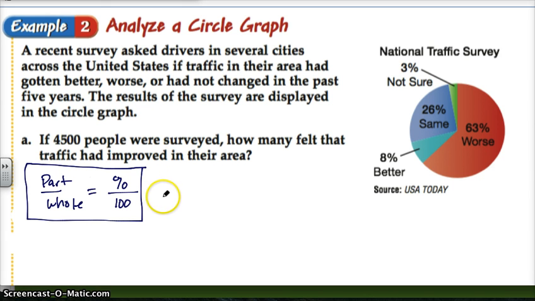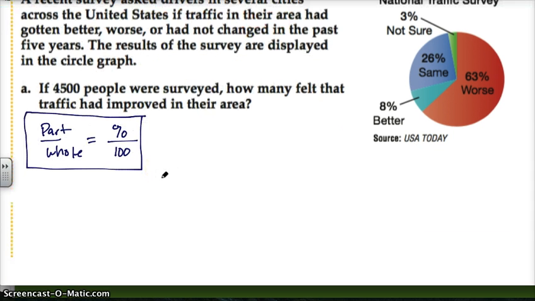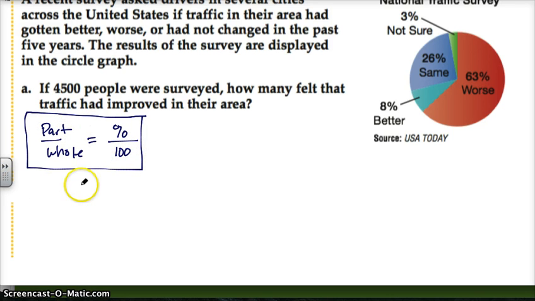Another way is to say, and it really does come out of this whole thing here. And when you solve this, you'd have to cross multiply. So you do whole times the percentage is equal to part over 100, and then you have to divide everything. And I'll show you what I mean. So you'd say part times 100 is equal to the whole times the percentage, okay?